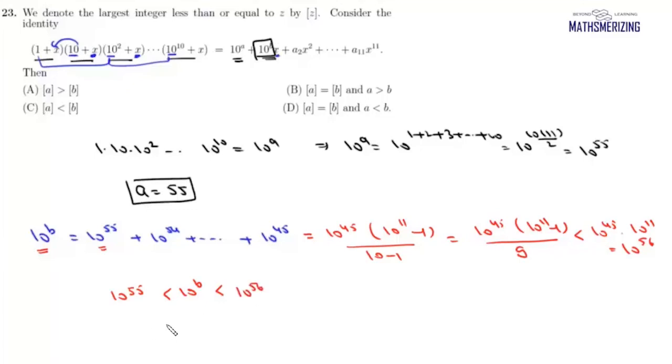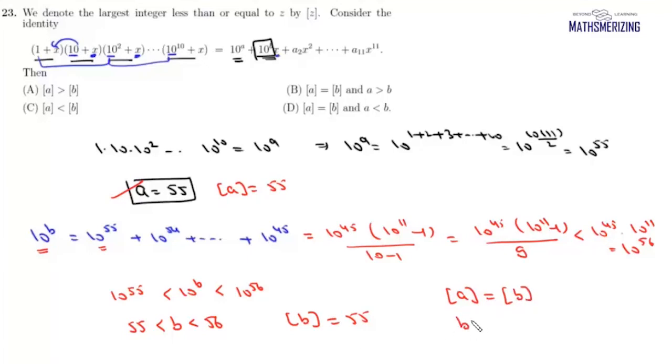So from here we can say the value of b, it will lie between 55 and 56. Now greatest integer function of b, it will be 55. Now a is 55, that means greatest integer function of a is also 55. So the answer to this question will be greatest integer function of a is equal to greatest integer function of b, while this b is greater than a, and that's your option D.